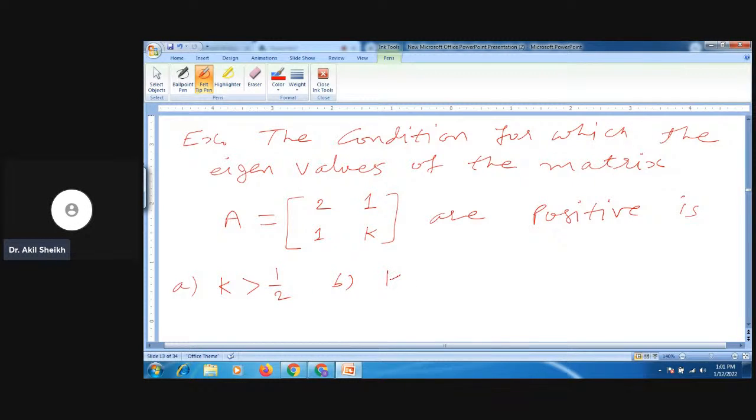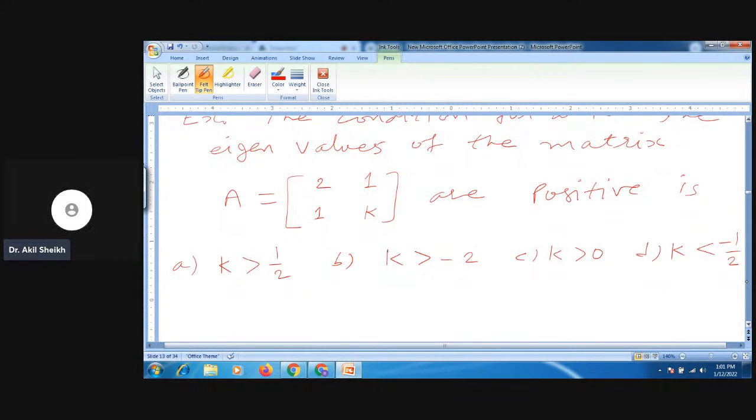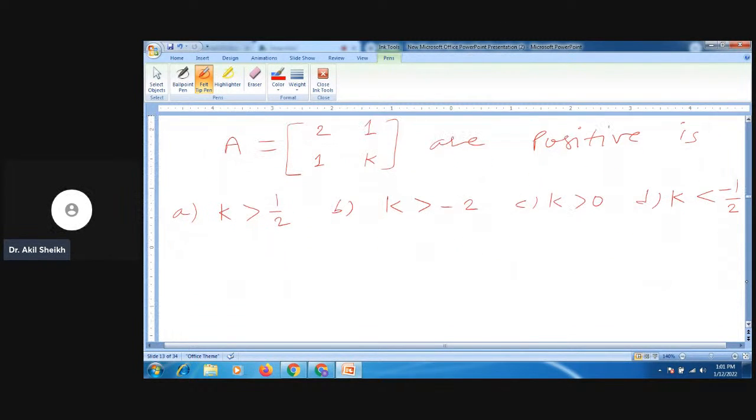Option B is here, k should be greater than -2. Option C, k greater than 0. Option D, k less than -1 by 2. Means for which value of k the eigenvalues will be positive.